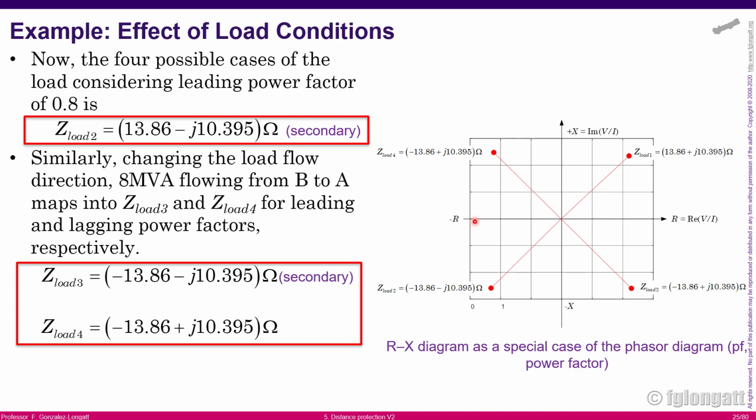If you look on the right-hand side, what I am doing is starting to plot the points representing the load when we are assuming there is a lagging power factor, and that is the point load 1. And load 2 is when we have a capacitive power factor, or leading power factor.